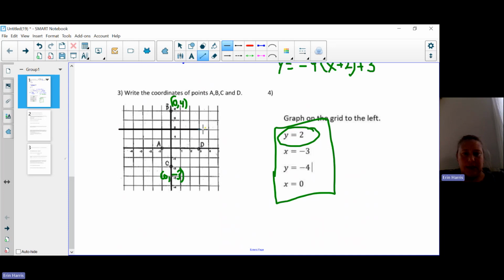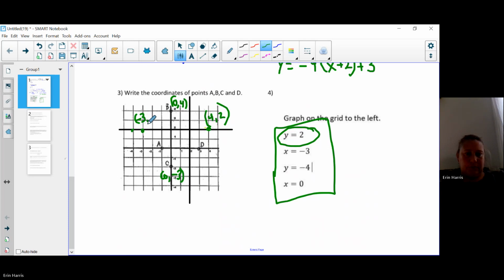Okay, but let's say you're working on y equals 2 and you can't remember, right? You know it's either horizontal or it's vertical, okay? And it's better to know how to problem solve and figure things out than it is to try to memorize. So you might try drawing either, and you say, well, I know it's one of these, so let's look at some points, okay? And this is the point over 4 up 2. Okay, that's a point on the line. Over here we have, say, -3 up 2.